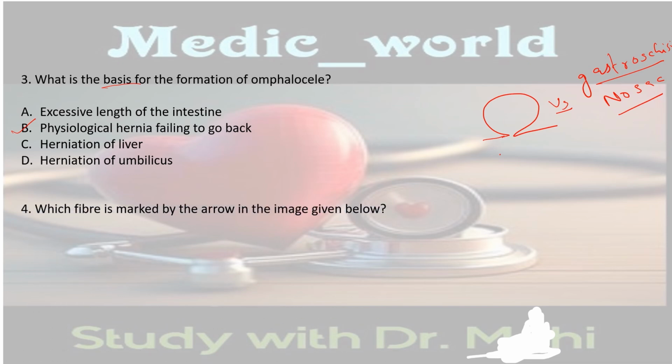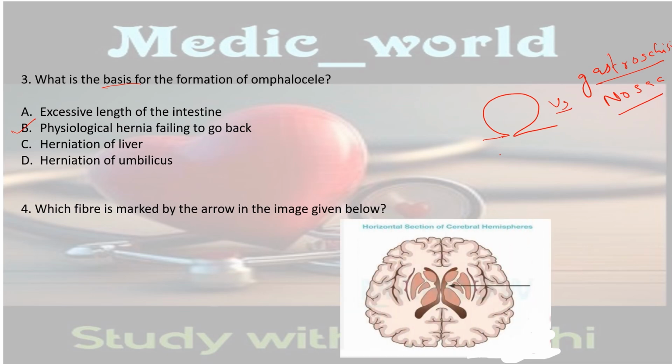Now the next question, which fiber is marked by the arrow in the image given below? We have to identify the fibers first. Here in the image, yes, we can see the fibers which are marked. These are the fibers of the internal capsule.